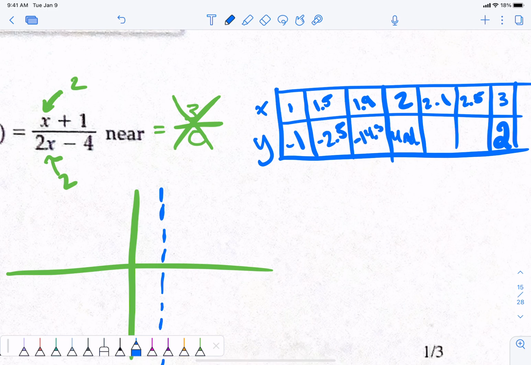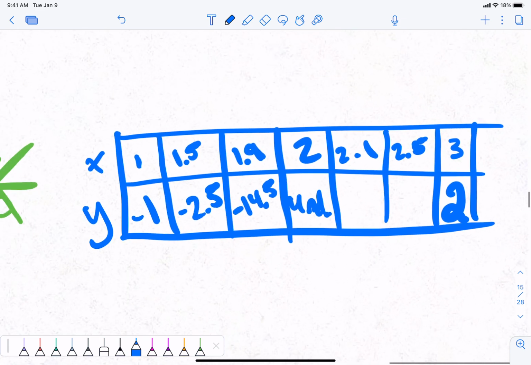For 2.1, that's also what I got. For 2.5, I got negative 0.85. Anybody got 2.5? I'm getting there.